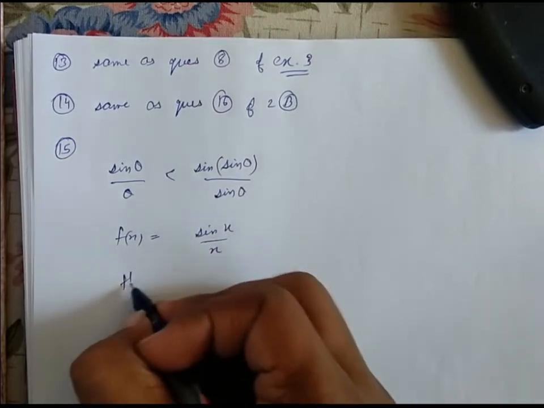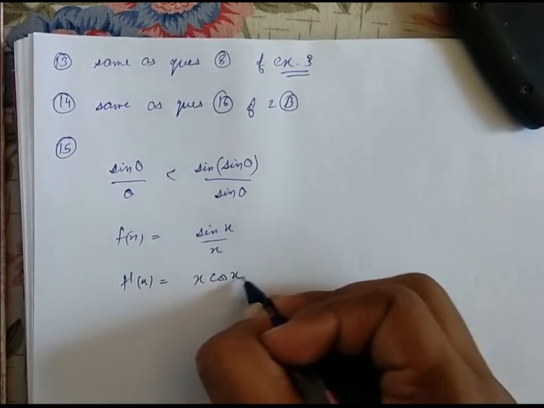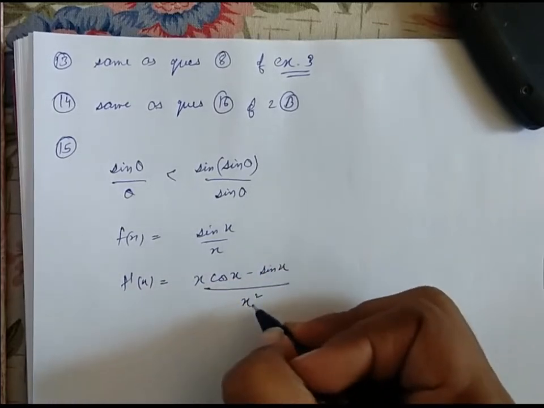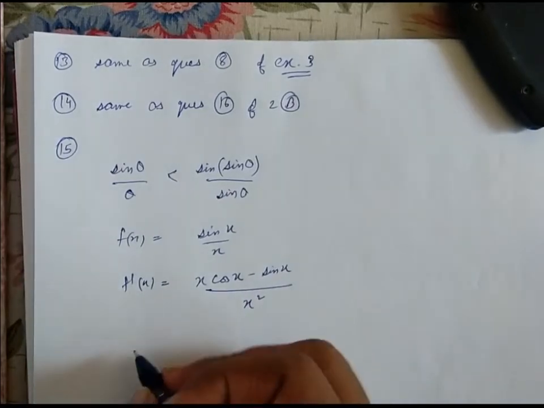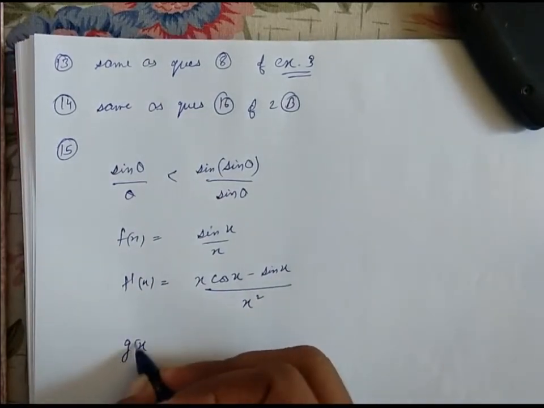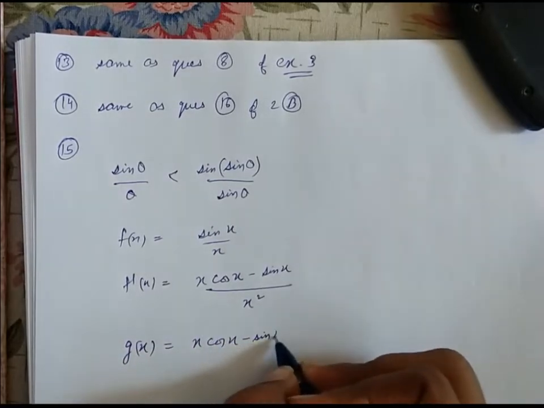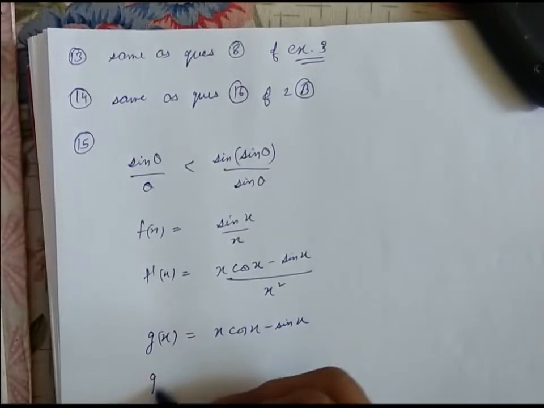Let's find f dash x. So it would be x cos x minus sin x upon x square. And g(x) is equal to x cos x minus sin x, the numerator of f dash.